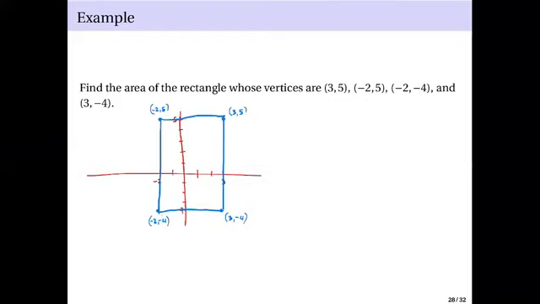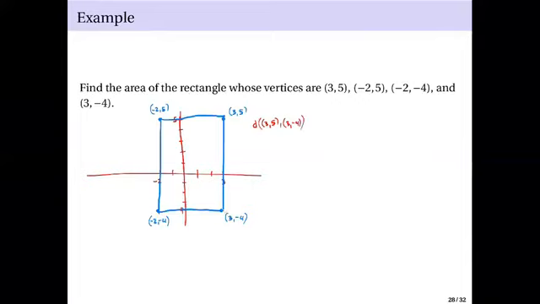So let's look at the distance between these 2 points. Okay? And you will see that it's easy. Okay? So you want the distance between 3, 5 and 3, negative 4. So this point here and this point here.